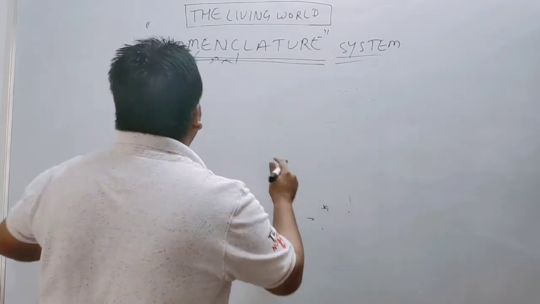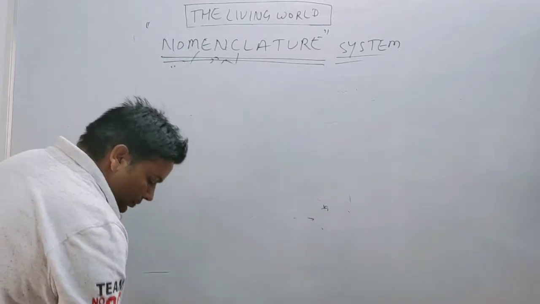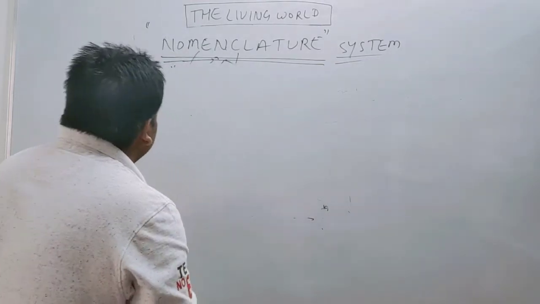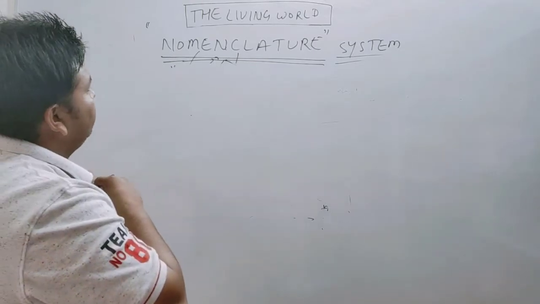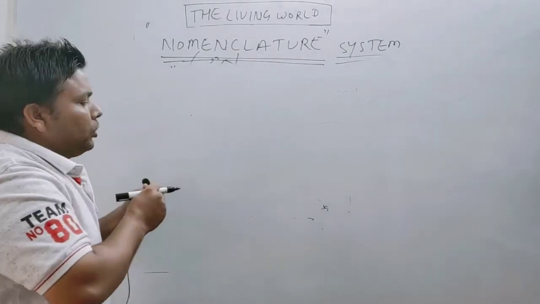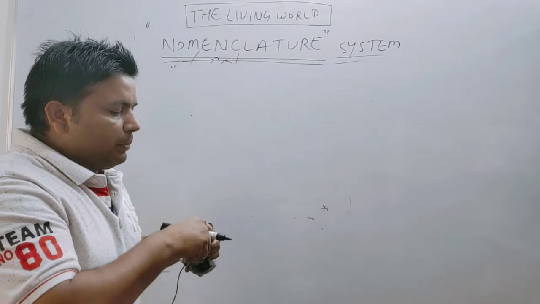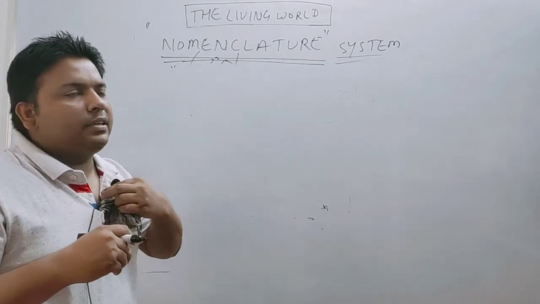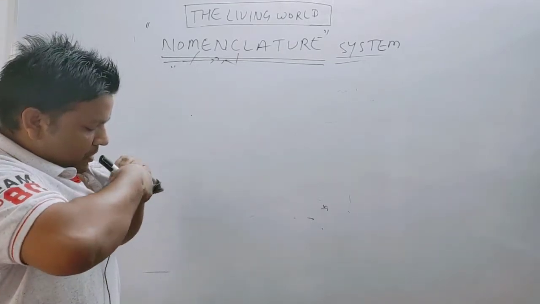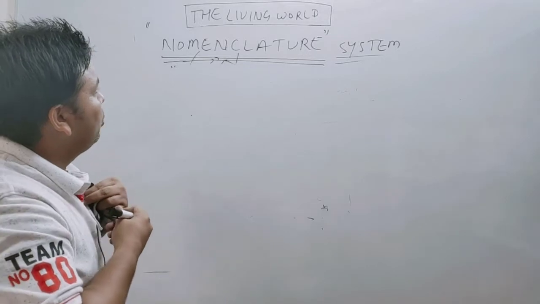Now, if we see the nomenclature system from deep inside, we will have the criteria and the principles of that nomenclature system.